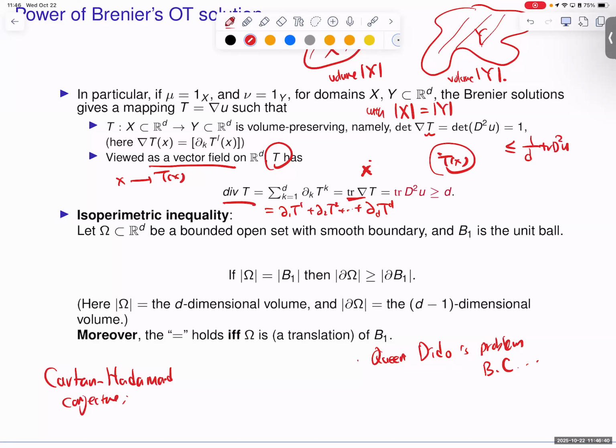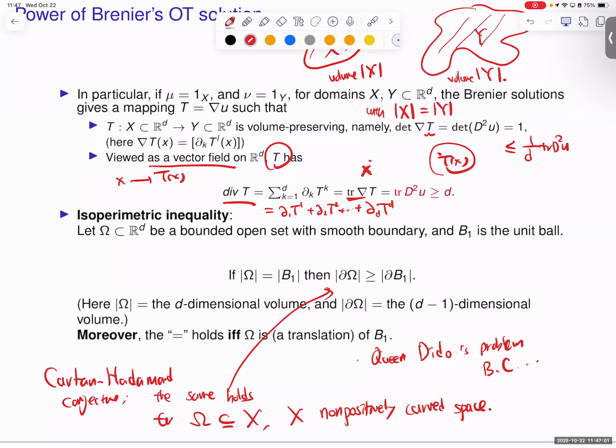It says the same holds if X is a non-positively curved space.